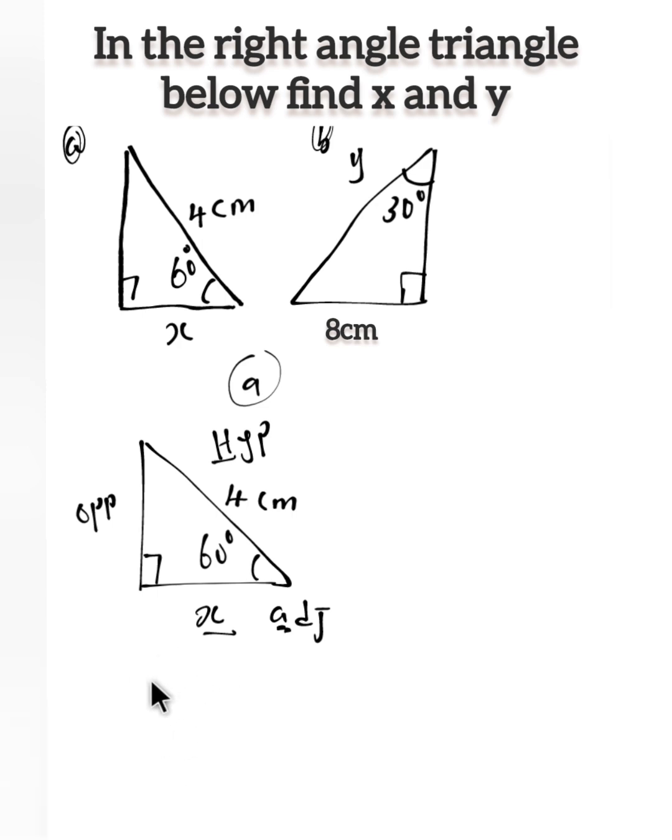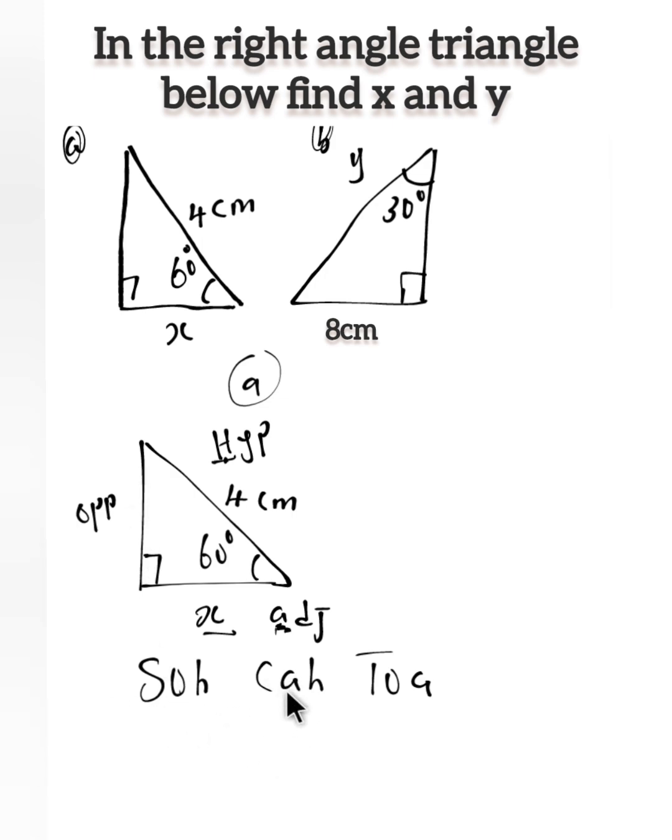Now let's write out the acronym, which is SOH, CAH, TOA. The next step is to look at those three and find the one that corresponds with the hypotenuse and the adjacent, which is what we are looking for. In SOH, there's opposite, but there's no information about the opposite, so we don't use this one.